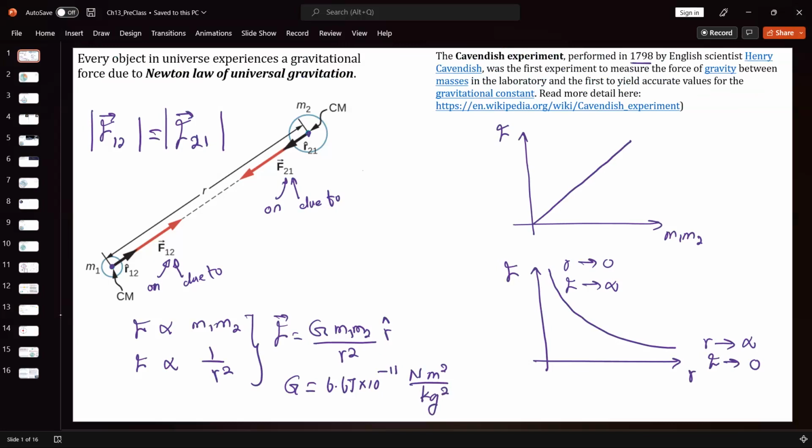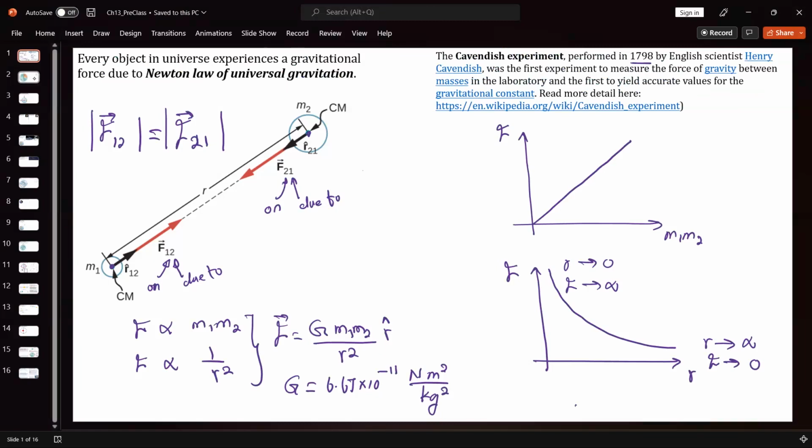And the important fact about the gravitational constant large G is that it is the same anywhere in the universe, including around the Earth, closer to the Earth's surface, or anywhere else. It's going to be the same number. That's the important part.